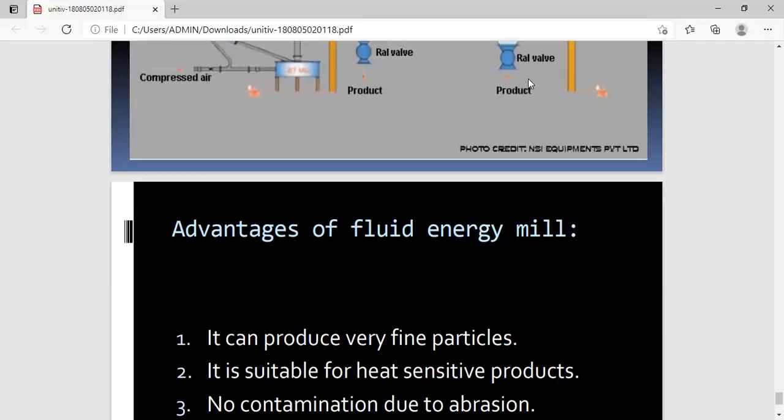The run-of-mine material is dropped into this, and this rotating table moves. Because of the asymmetric location of the spindle, the spindle also rotates in the outer casing, and the material is reduced from higher size to lower size. There is a sort of compression and attrition principle acting, and the material is reduced in size.